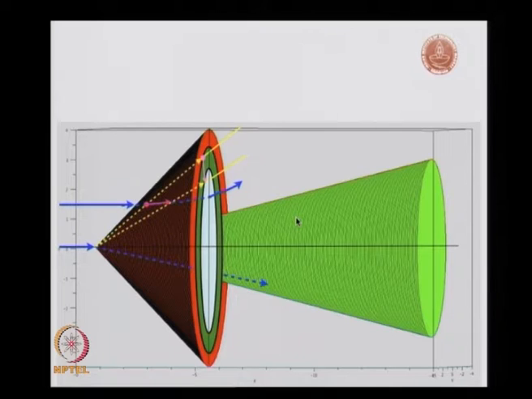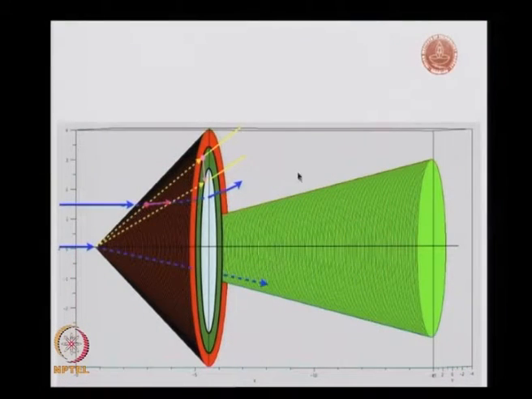And if you remember, on the surface of the cone, while we did the problem, the velocity v theta is 0. So, on the surface of the cone, we will have these straight streamlines.